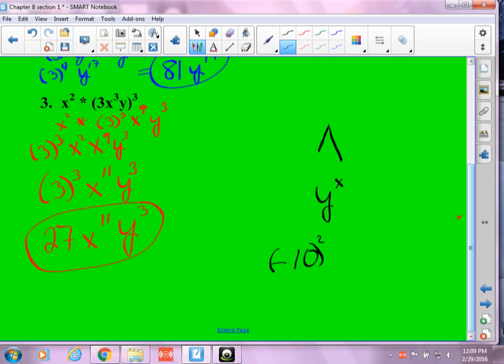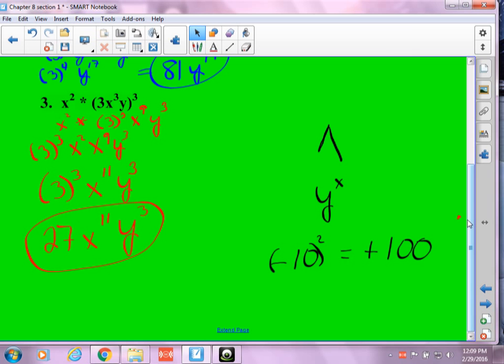They took negative 10 squared, and they're like, oh, but my calculator says that it's negative 100. Well, does that make sense? No, because negative 10 times negative 10 is positive. And they're like, well, but my calculator said. The problem was you did not put the parentheses in your calculator when you did this. That's why they got it wrong.